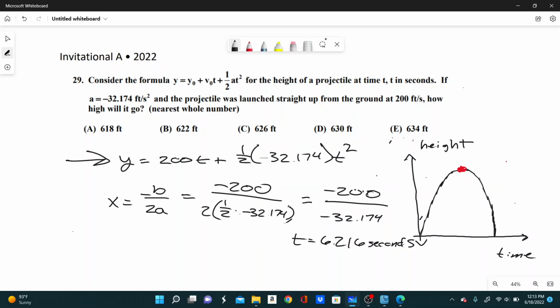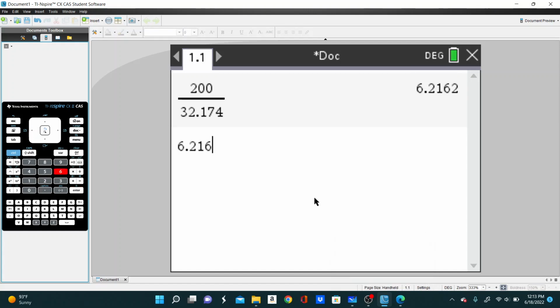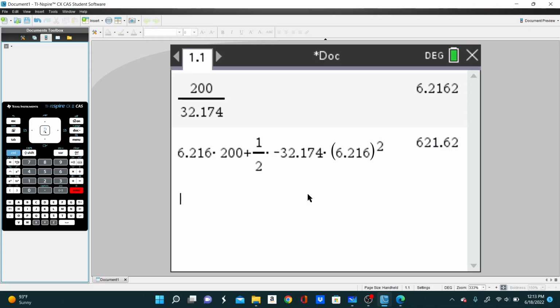We plug in time equals 6.216 and evaluate: 6.216 times 200 plus 1/2 times negative 32.174 times 6.216 squared. That gives us a y value of 622 feet.